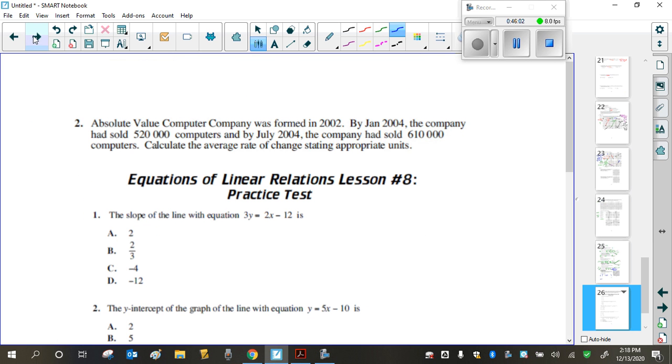And then the next page, I want you to do this one. I'll give you a hint: the unit rate is either number of computers per month, or do you think it's the number of months per computer? Which one sounds better?